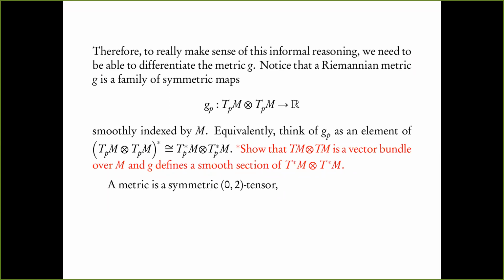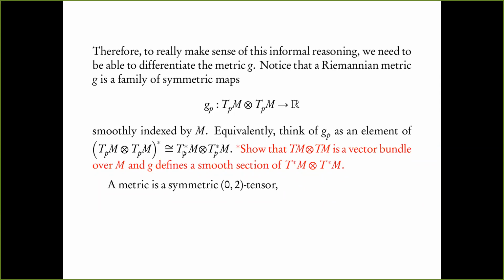Some of you, or at least most of you, I think, have seen and heard these things. So a metric in our sense is going to be what? For every point P in the manifold, you're getting an element here. So this is basically a symmetric 0-2 tensor. Remember, if there was a wedge here instead of a tensor, that would be a 2-form, correct? Because an element of TP star M, as P varies, is a 1-form. A 1-form is nothing but a section of the cotangent bundle.